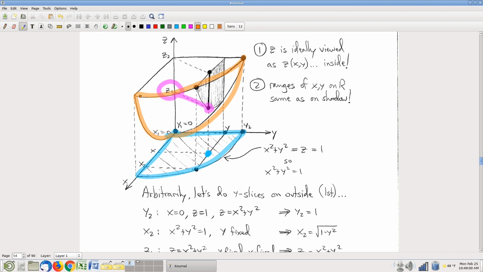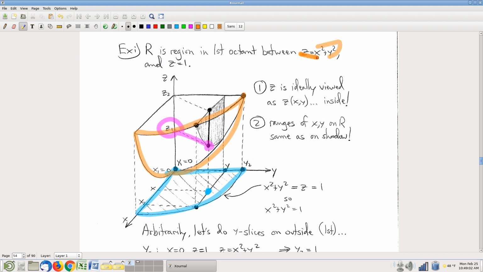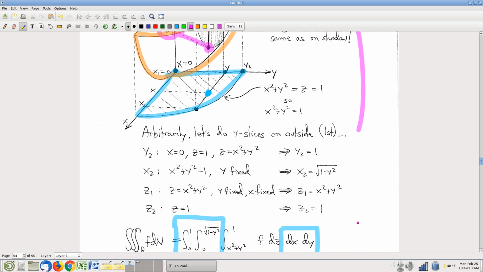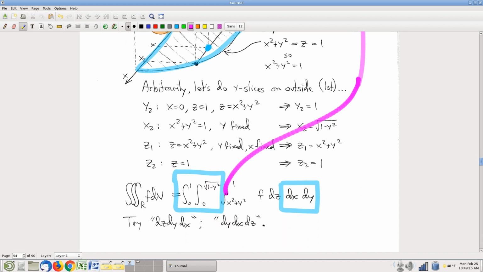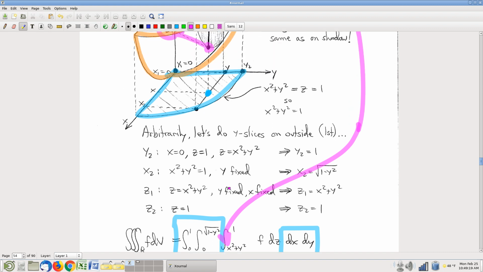That surface has this equation. Solve for what I'm interested in. I'm interested in z. Solve for z. And I get that. So my lower z bound is x squared plus y squared. Everybody see the process?